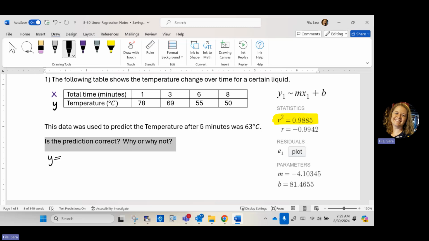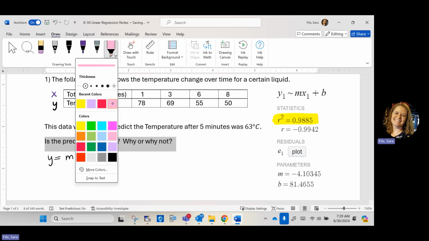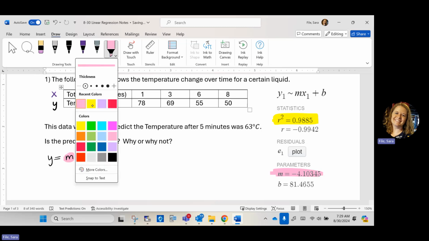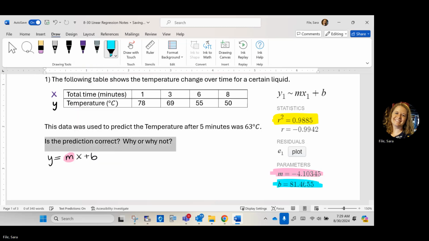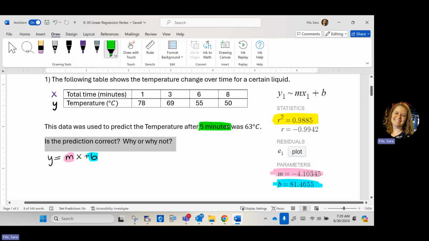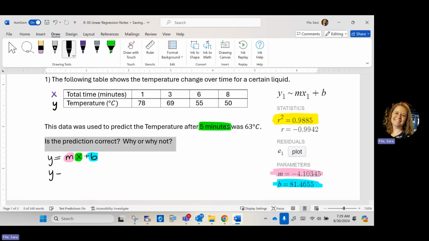So remember we are plugging in M and B. Down here we've got our M. We're going to put here. And we've got our B. We're going to put here. And then we will plug in. They're asking us to estimate the temperature after 5 minutes. So they're wanting us to plug in a 5 for X. I'm going to write the equation first, would be negative 4 point, did they tell us?